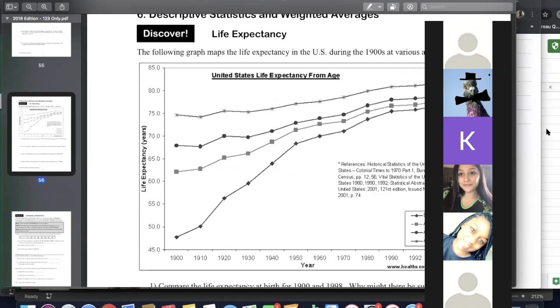What's the graph about? So it's showing us life expectancy at different ages during like over years. Yeah.